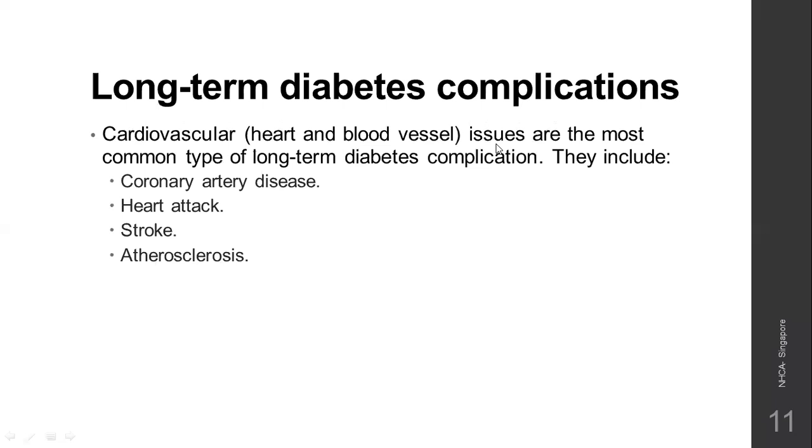Then long-term diabetes complications. Cardiovascular complications and blood vessel complications are the most common type. Heart issues. And if there is any heart issue like high blood sugar, high blood pressure, and so on, automatically kidney issues will also follow.